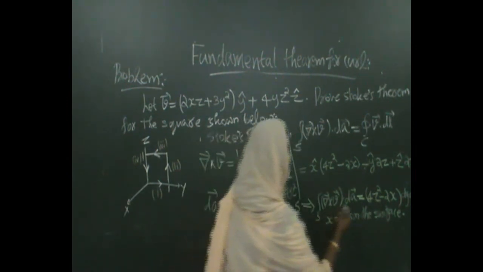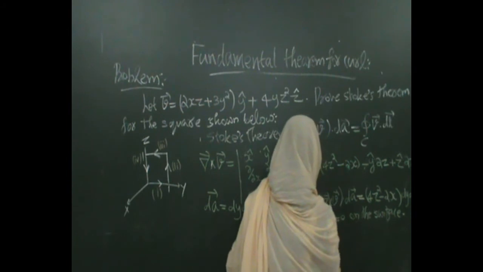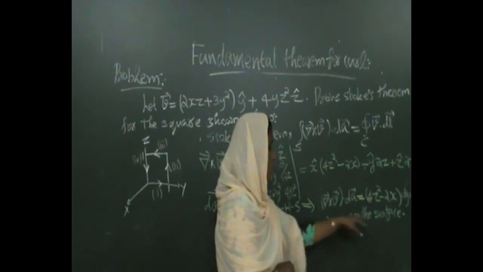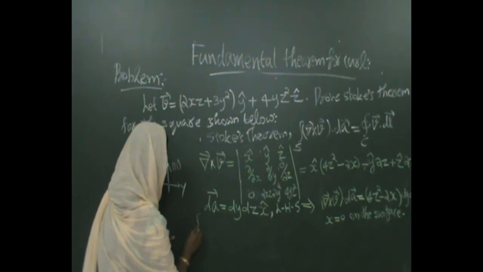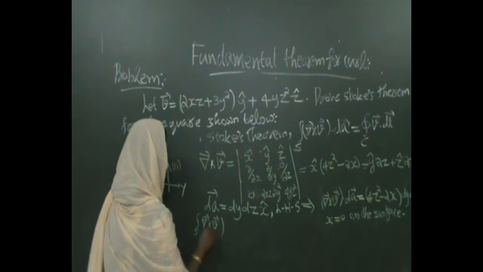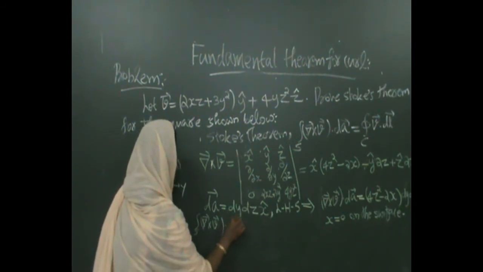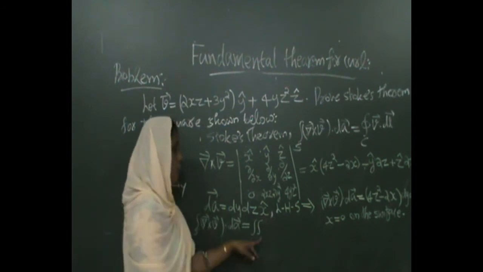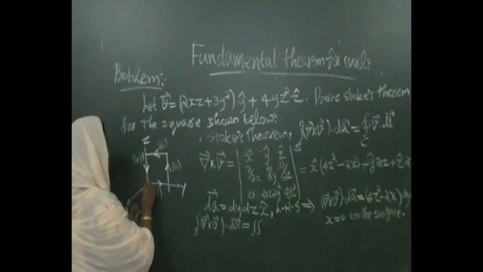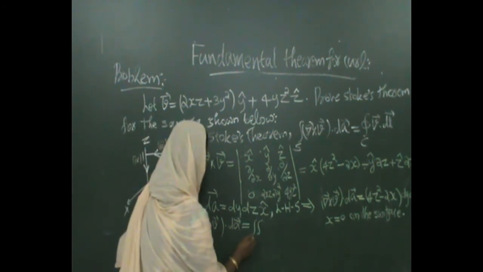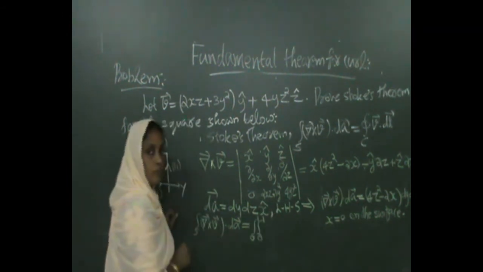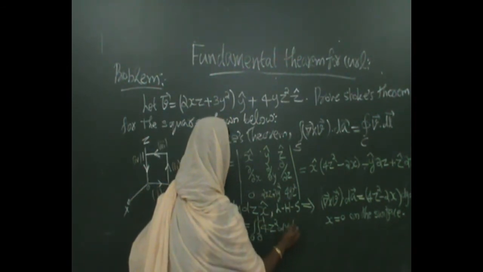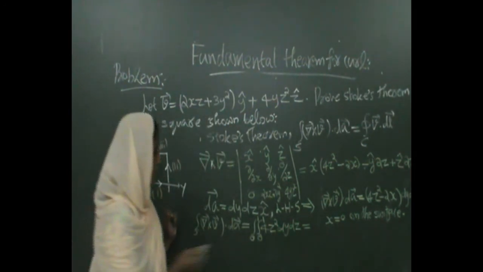So the surface integral of del cross V dot dA, with x equal to 0 on the surface, equals the double integral of 4z² dy dz, with limits 0 to 1 for both y and z.